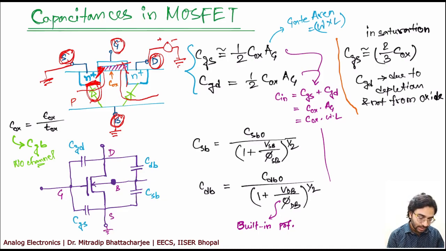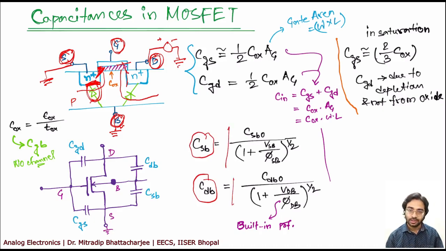So you have these SB and DB capacitances, which are generally reverse bias capacitances. That's why CSB and CDB I have written as reverse bias capacitances. Okay, so the two capacitances present between drain and bulk and source and bulk are generally reverse bias capacitances, and they depend on the reverse bias voltage that is applied.